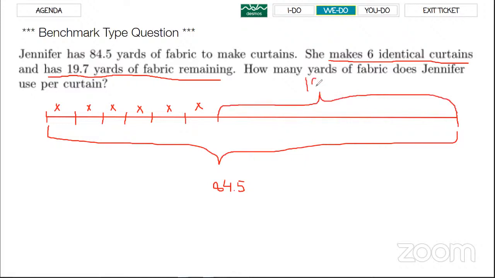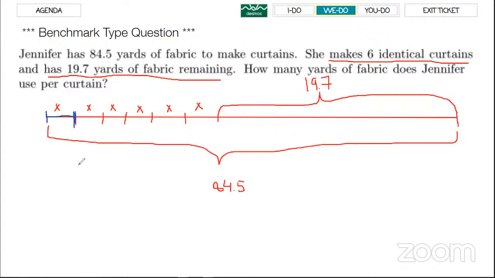That is 19.7. Okay, it says, how many yards of fabric does Jennifer use per curtain? So per curtain means what is the value for these? Let me use a different color. What is the length of one of these curtains? It says per curtain, because all of them are equal. We need to find out what x is equal to.